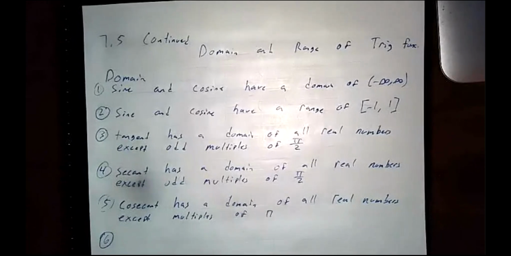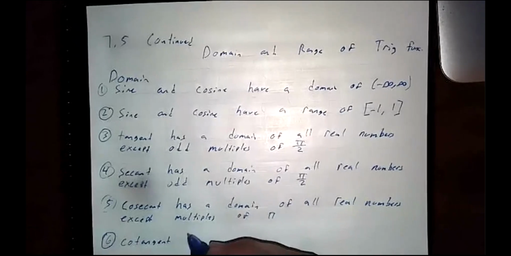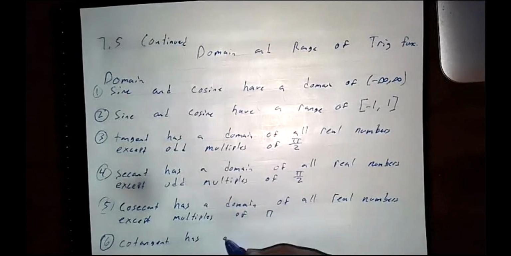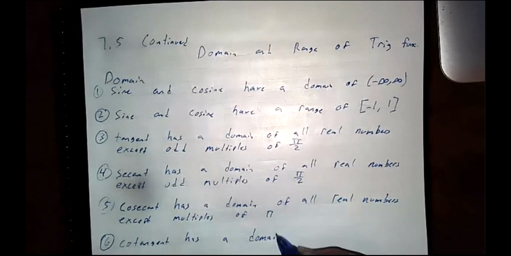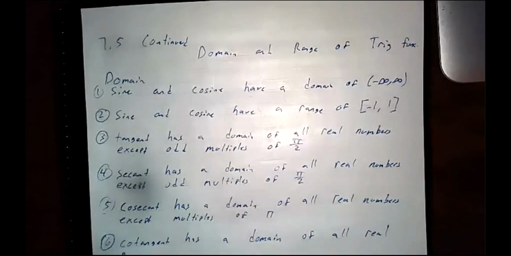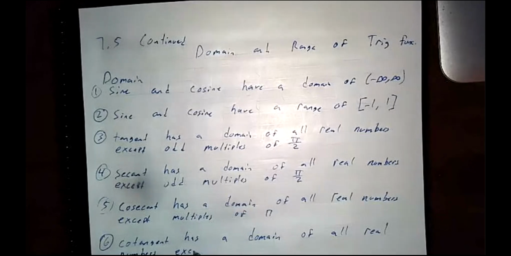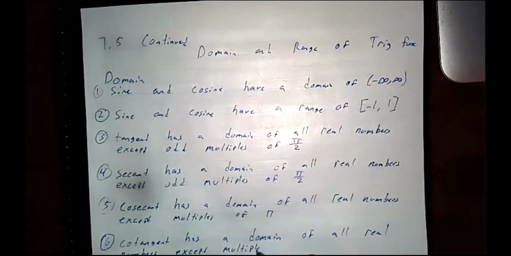Number 6. Now the cotangent. Cotangent has a domain of all real numbers except multiples of pi.